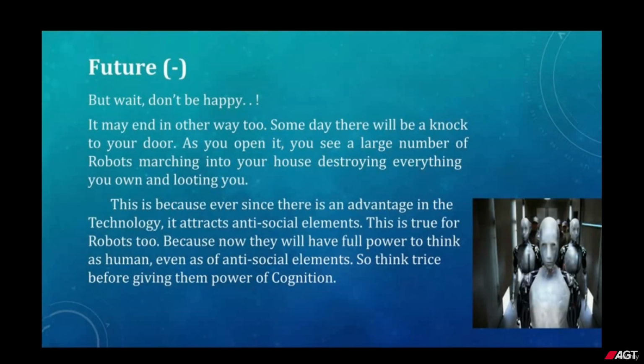But wait, don't be happy. It may end this way: someday they will knock on your door, and as you open it, you see a large number of robots marching into your house, destroying everything you own and looting you.